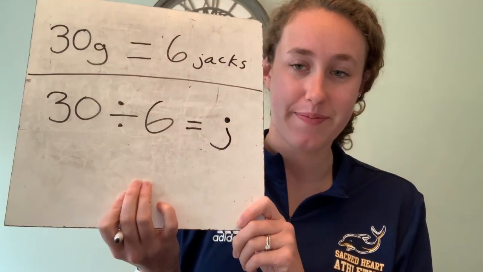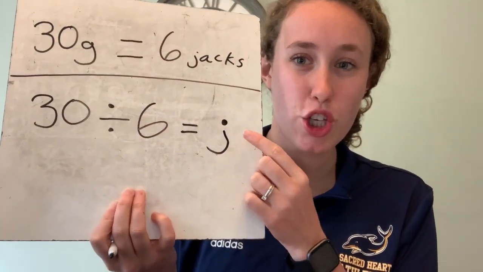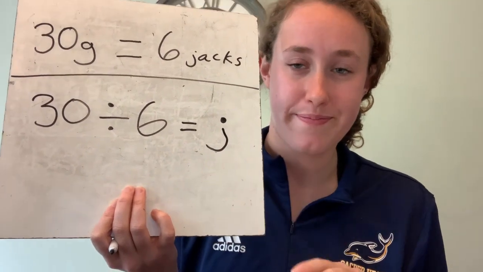My equation looks like this. 30 divided by 6 equals an unknown. Question mark, or I'm going to use the letter J because J would stand for Jack. This should be included on your line.